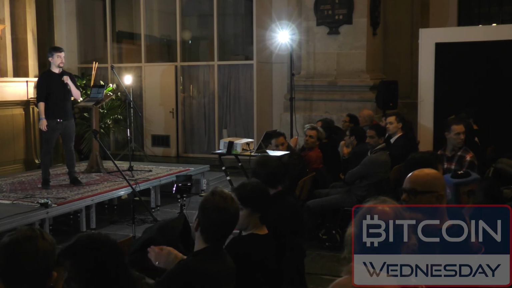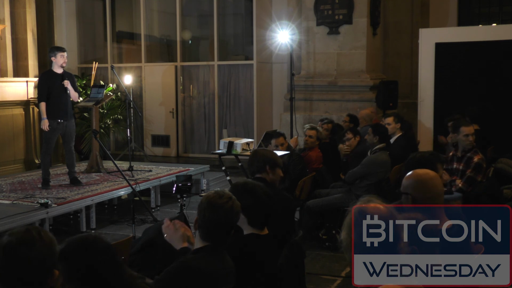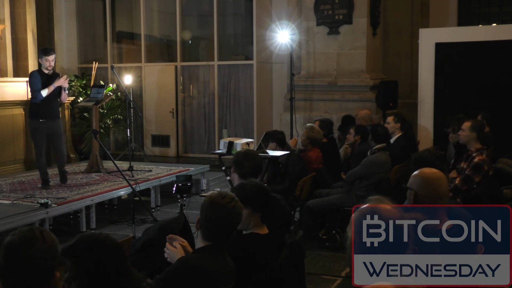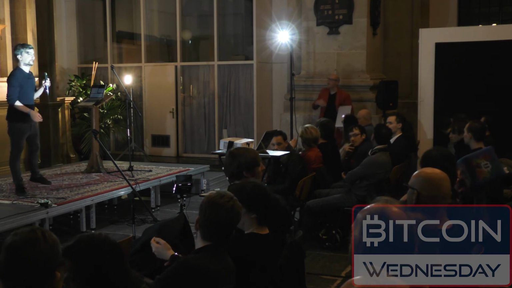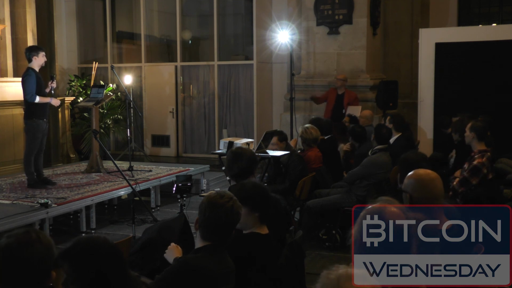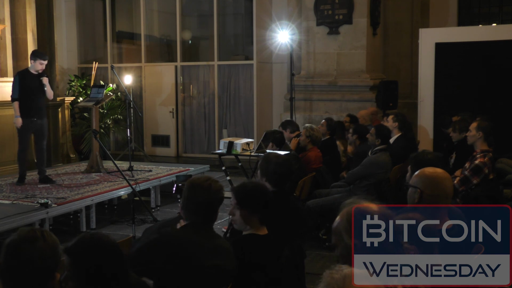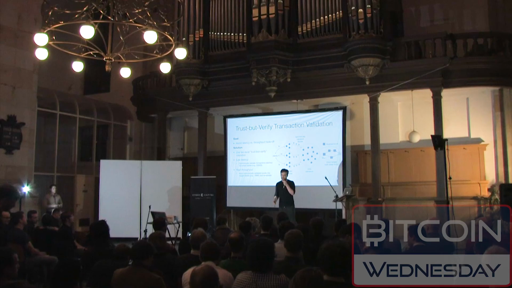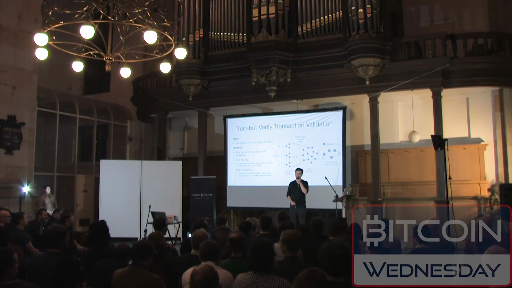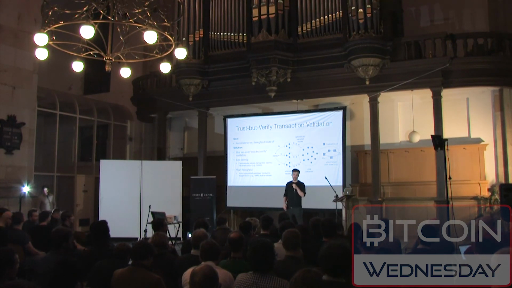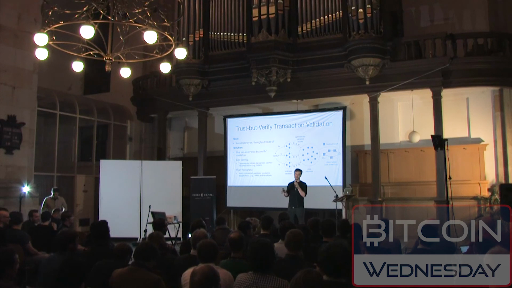More questions? What's the next step? When is this going to be implemented? So, when is your ICO? When is our ICO? Good question. It is already implemented, but it's of course a research prototype.